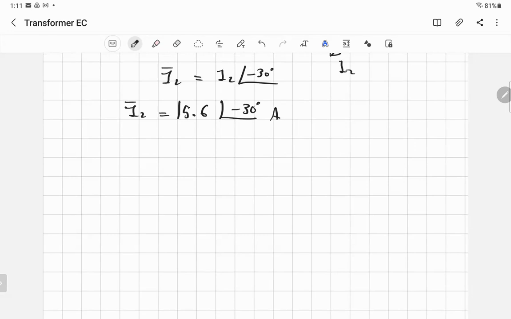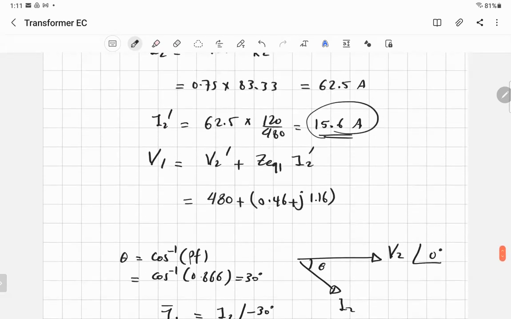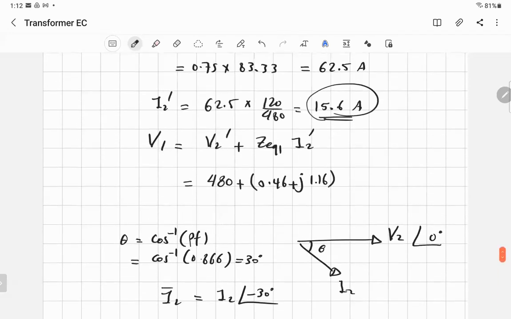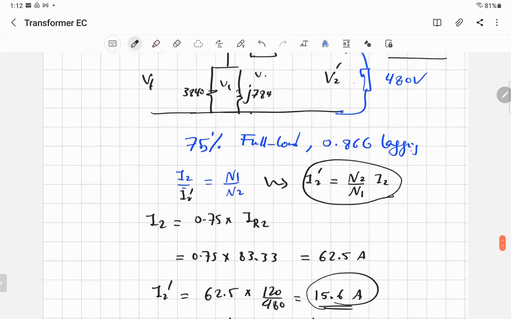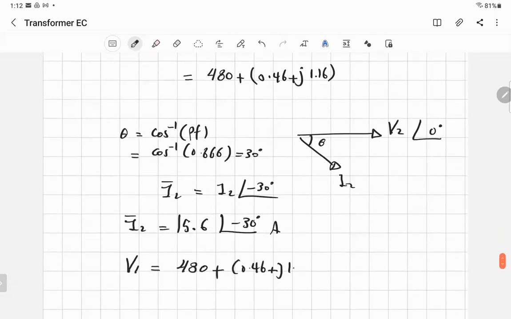And now you can do your equation. V1 will be equal to V2 dash, 480, plus the drop, 0.46 plus j1.16, times 15.6 at an angle of negative 30.